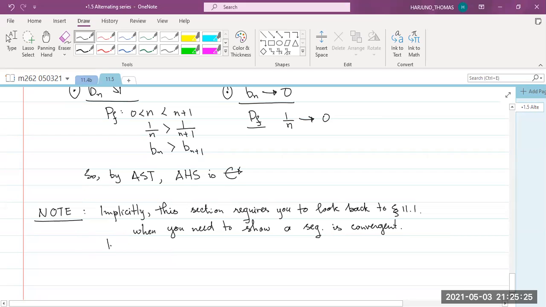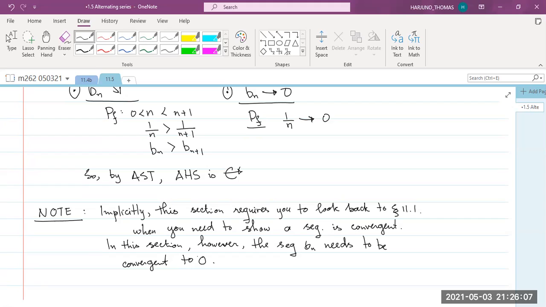In this section, however, the positive sequence Bn needs to be convergent to 0, and decreasing, of course.